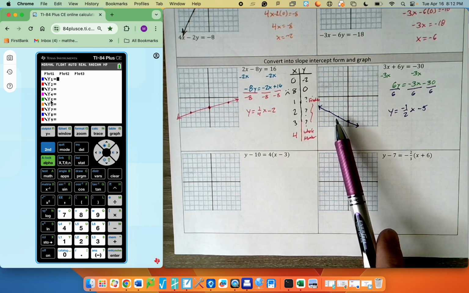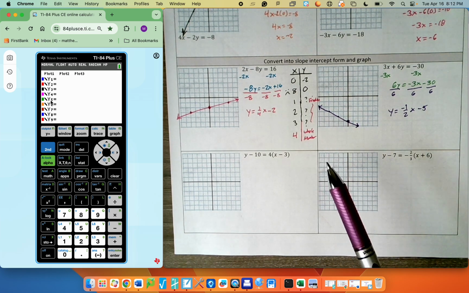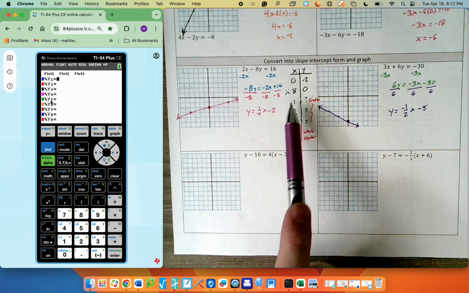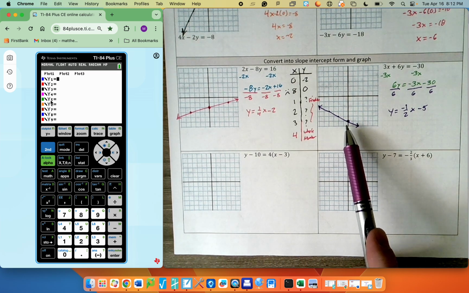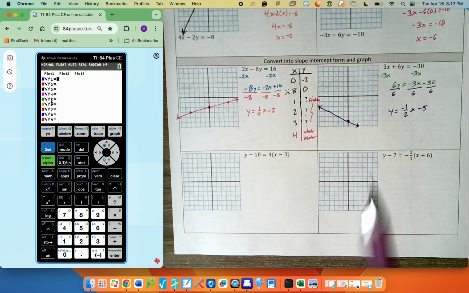I don't know how many people I know that would have plugged in a negative value when given a chance. Like over here, 0. Then we went 1, 2, 3, 4. And we might have run out of room, especially if I put this right here on 6 and had the slope going this way. All the positive x values don't even fit on this graph. So we want to be able to convert just as easily as we can build a table.